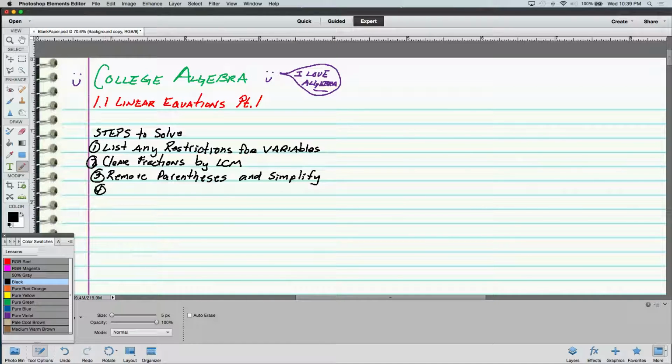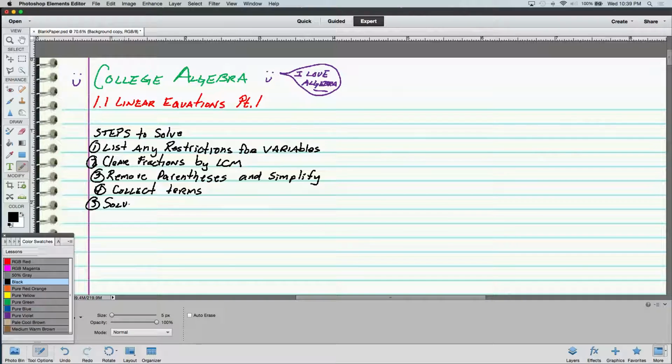Step four, we're going to want to collect terms. All collect terms means is that you want all the variables on one side of the equation and all of the constants on the other side of the equation.